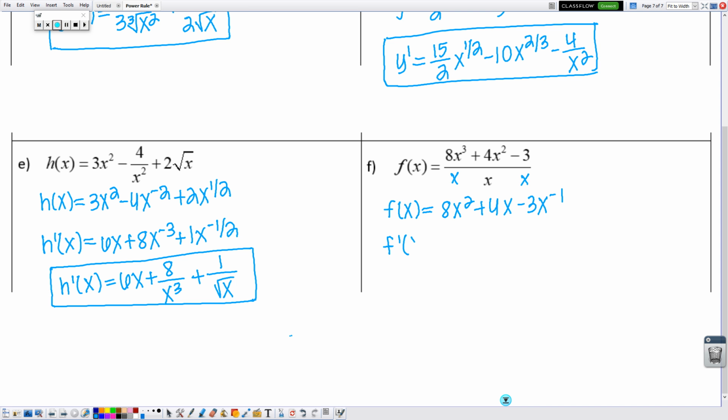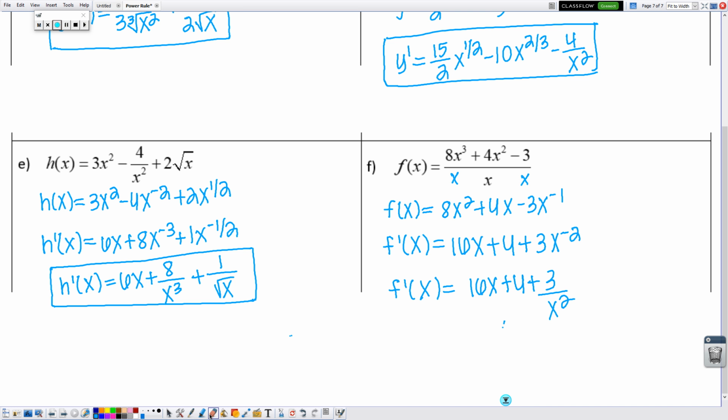The derivative says f prime of x equals 16x plus 4 plus 3x to the negative 2. Okay? So you have f prime of x equals 16x plus 4 plus 3 over x squared.